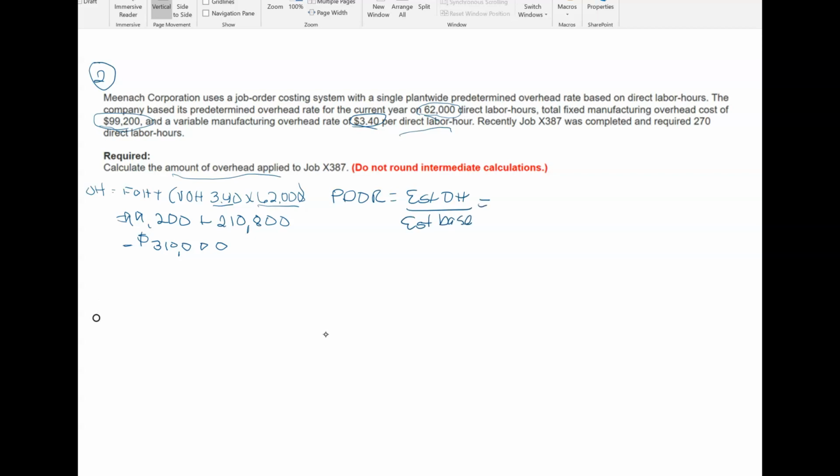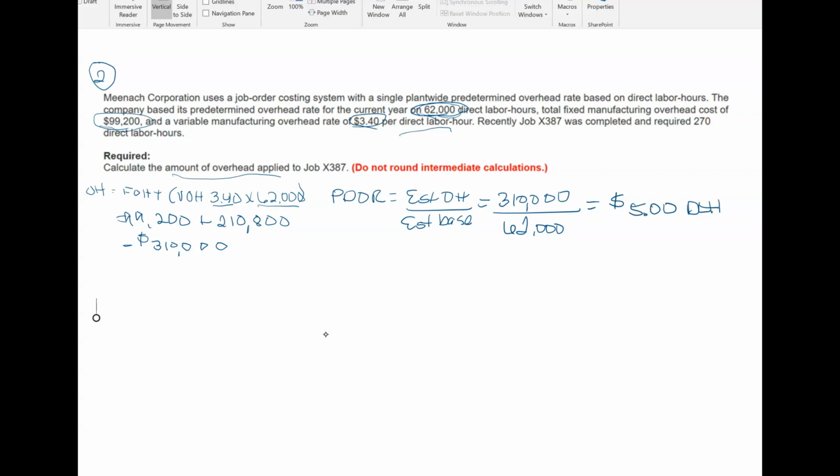We divide the estimated total overhead of 310,000 by the base, which is direct labor hours, the 62,000 direct labor hours. Our predetermined overhead rate is $5 per direct labor hour.